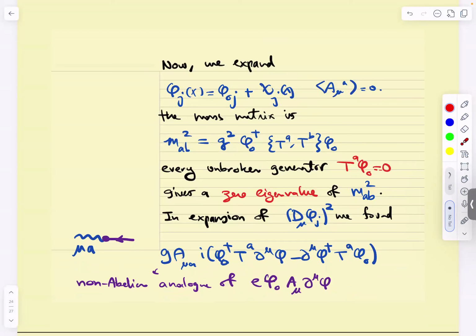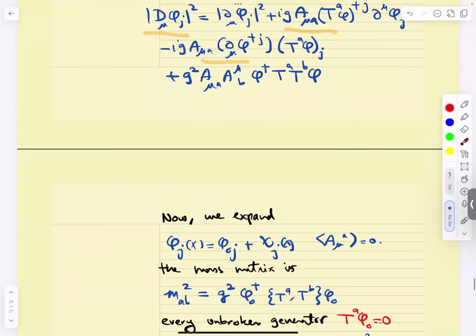All right, so what we're going to do is take phi 0 and write it as phi 0 of j plus some fluctuating field. And this is A mu of a. M a b, you repeat the calculation. Well, you don't repeat the calculation. You repackage this in this form. Just expand it. This is what it looks like.